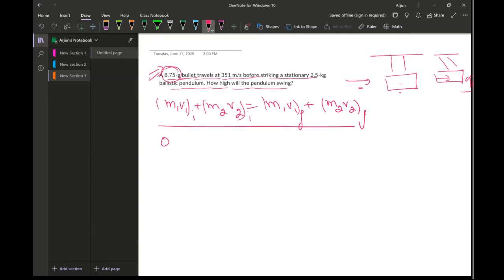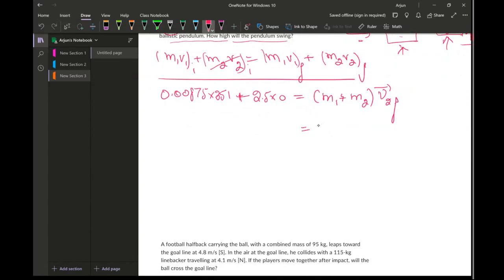This is the mass given to us in grams, so I have to convert it into kgs. 0.00875 multiplied by 351 plus, well, let me rewrite it, 351, and then plus 2.5 times 0, because initially the pendulum is at rest, equal to m1 plus m2, and multiply by V2 final, because the bullet gets embedded into the pendulum.